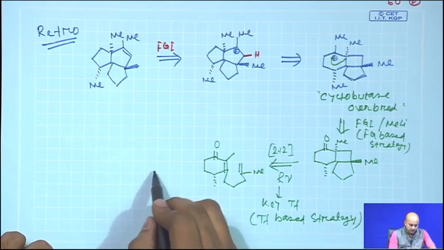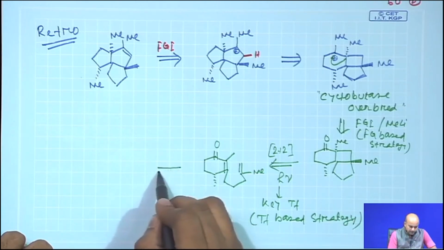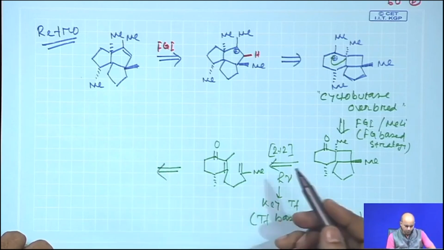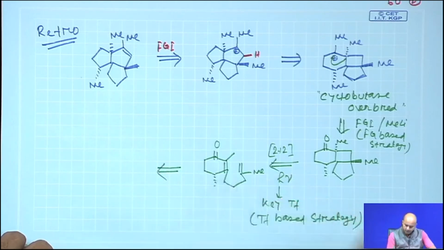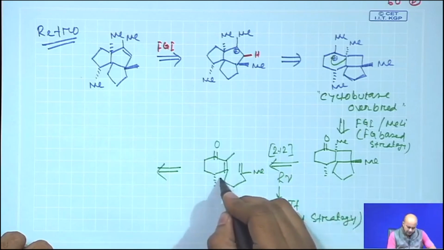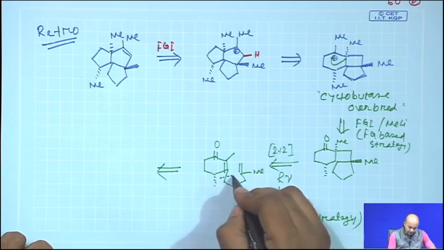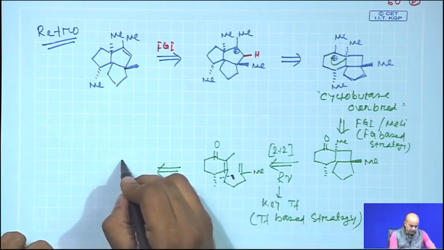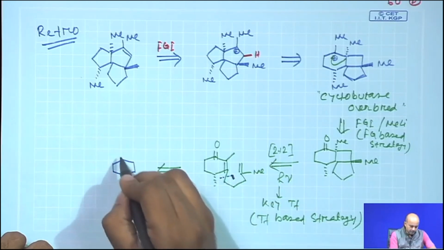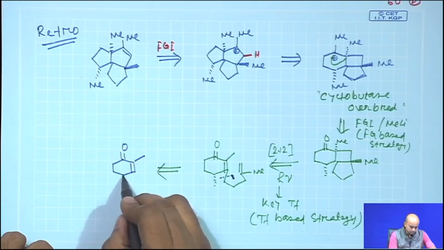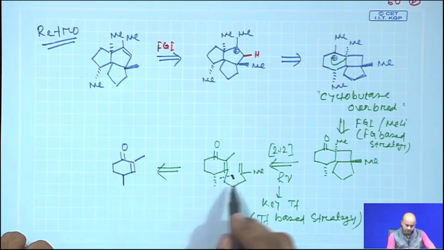fine. Now, I am saying that you are almost close. Next, I am saying that this particular appendage you can easily construct if you have a compound like this, just putting an appendage with this.